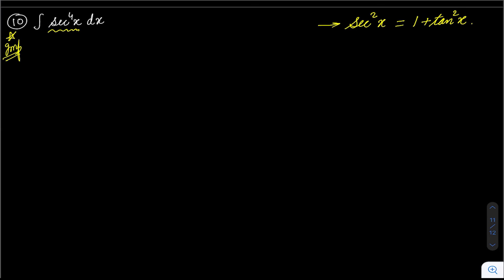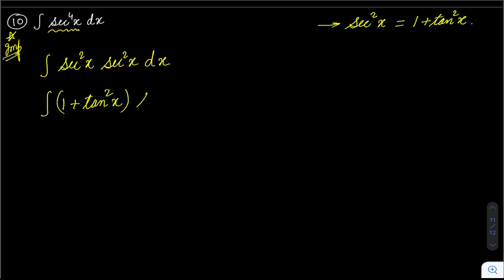So instead of secant power 4x, I will write this as secant square x into secant square x dx. And I will change 1 secant square x into 1 plus tan square x, like this. Now if I give you this question, you can solve this very easily. Differentiation of tan x is secant square x.